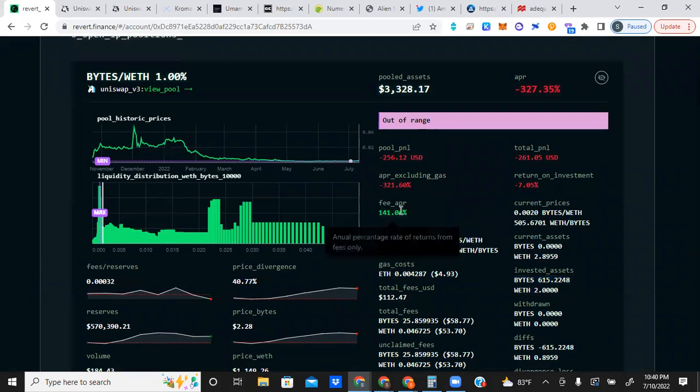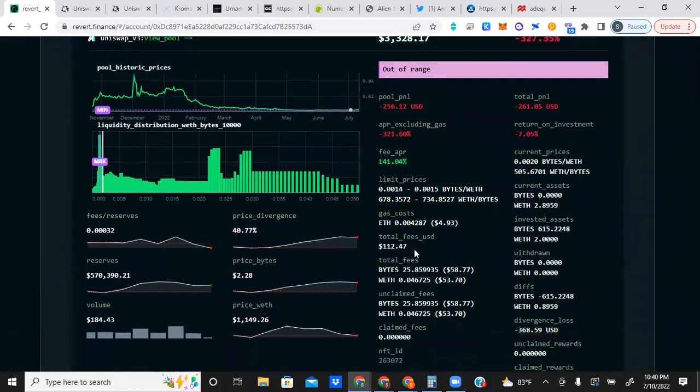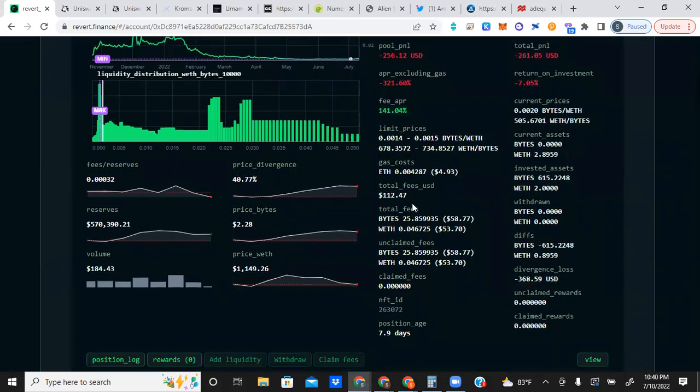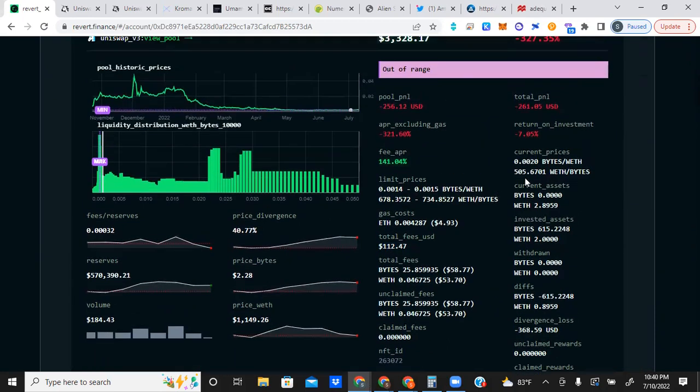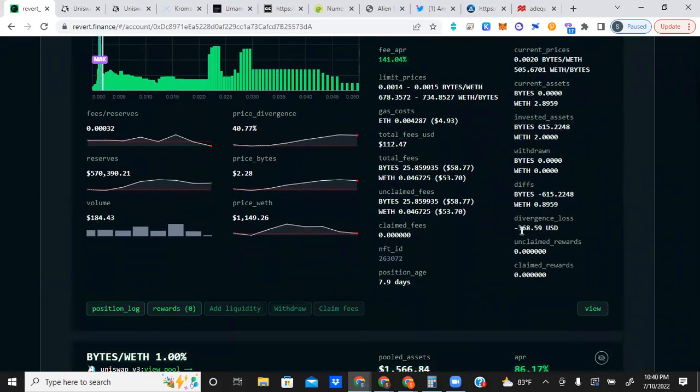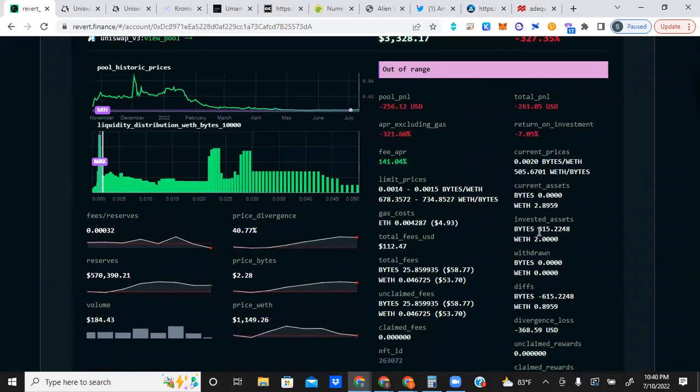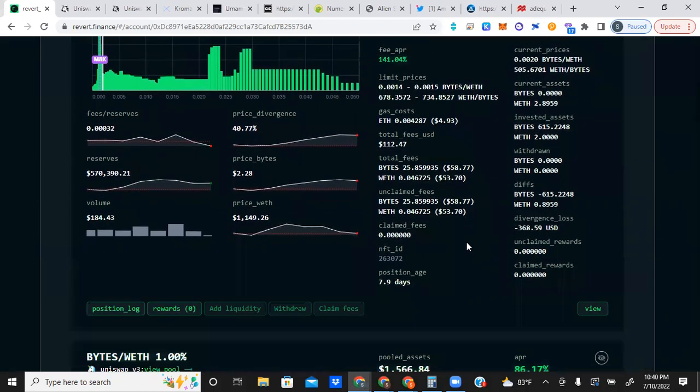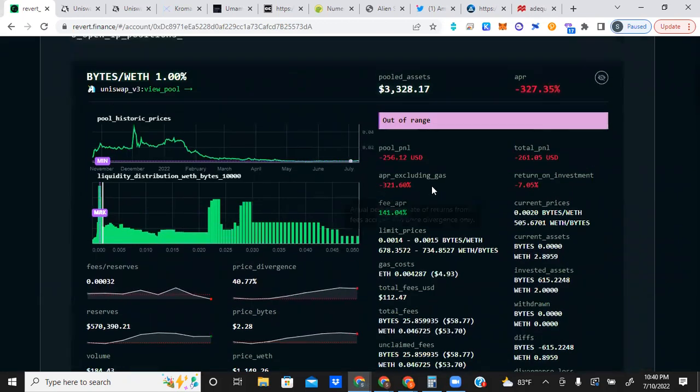Although I did get a decent amount of fees for when the price was in there, with the price moving up, impermanent loss got me, right? The divergence loss. I would have made more money had I just held on to my tokens. So that was definitely a lesson learned there.